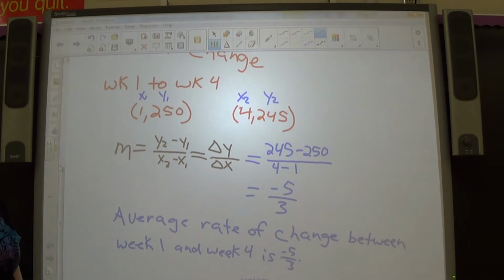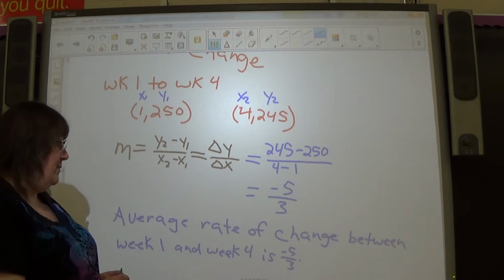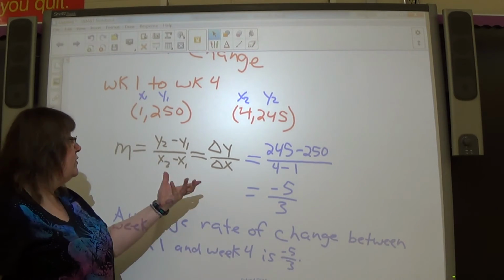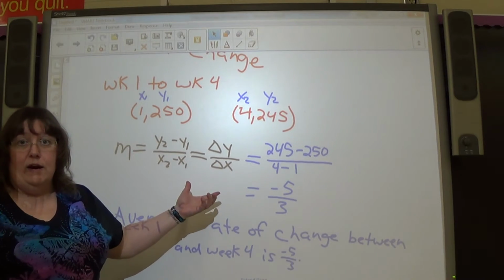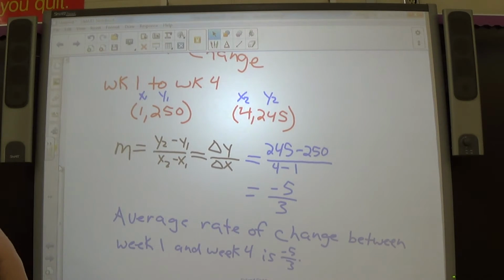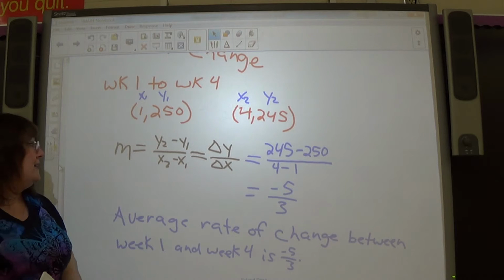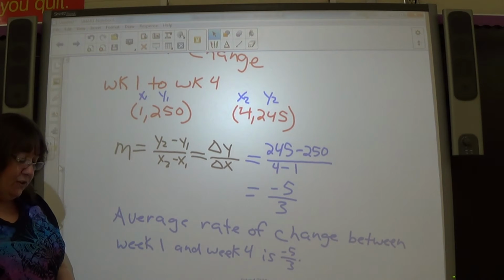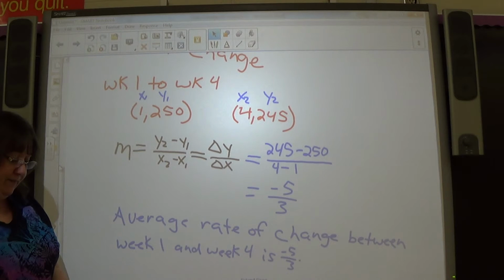Okay? Full sentence answers again, guys. You got to keep those going. Okay? So there's how we deal with the new notation of deltas. All right? Nothing different in the slope formula. It's still y2 minus y1, x2 minus x1. But now we're dealing with it in delta notation.